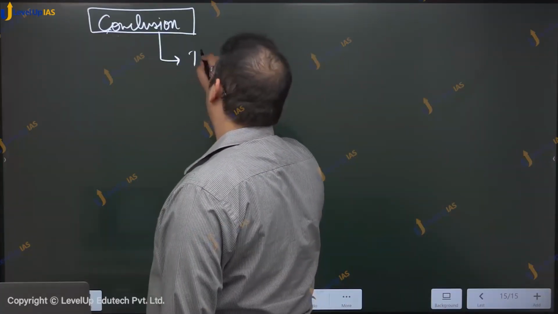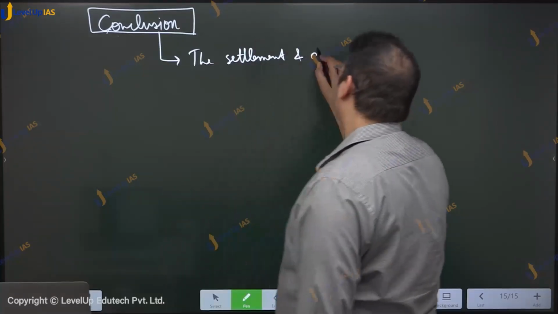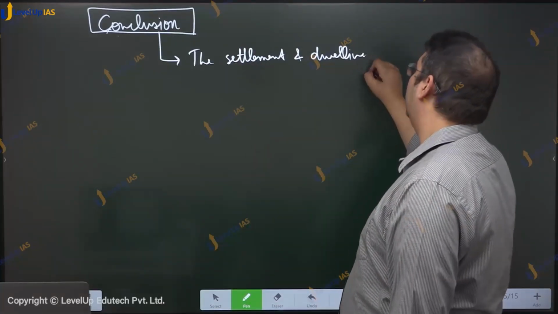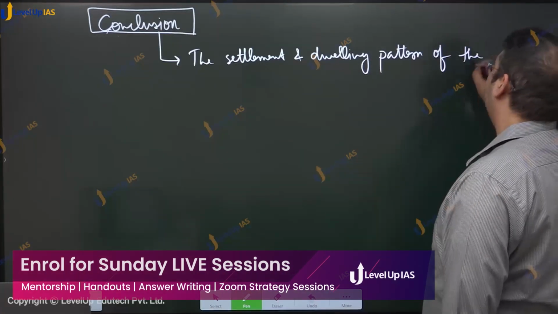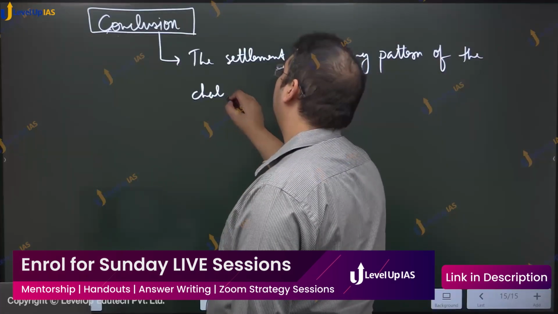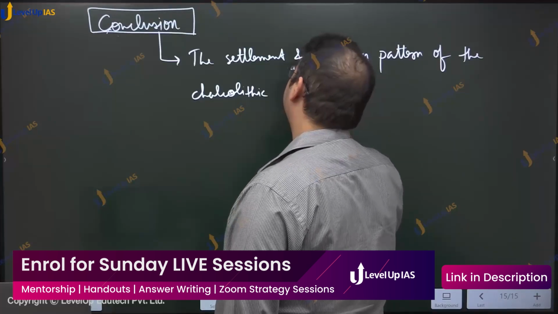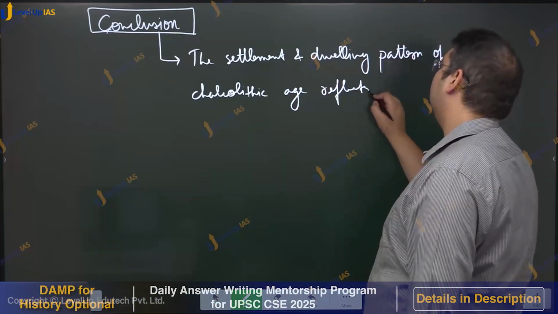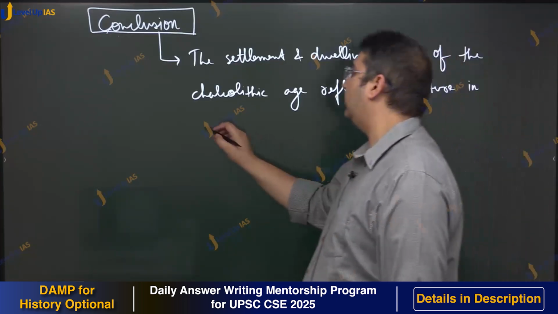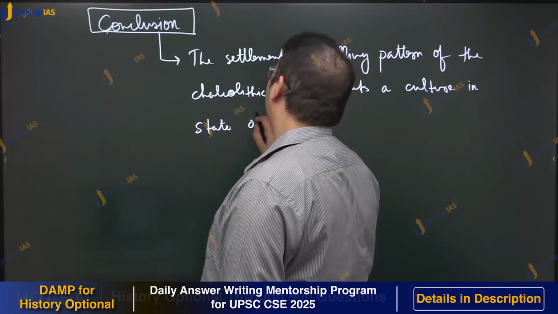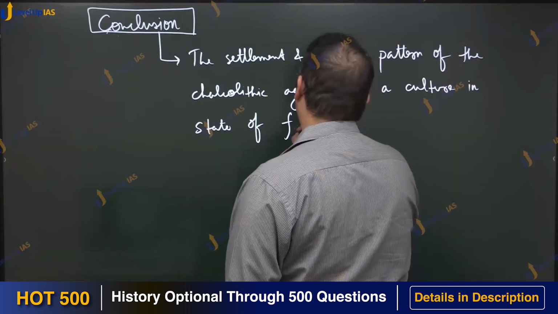That the settlement and dwelling pattern of the Chalcolithic age reflects a culture in a state of stability or flux? In a state of flux.